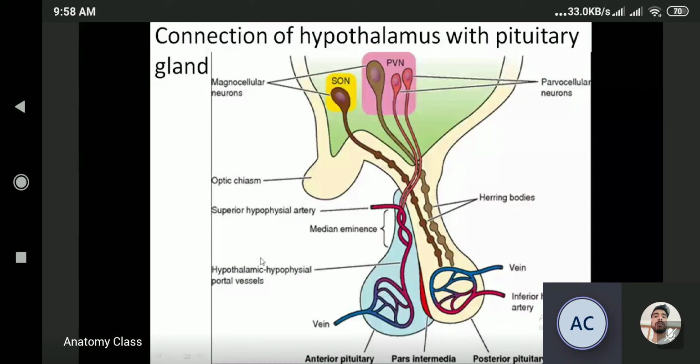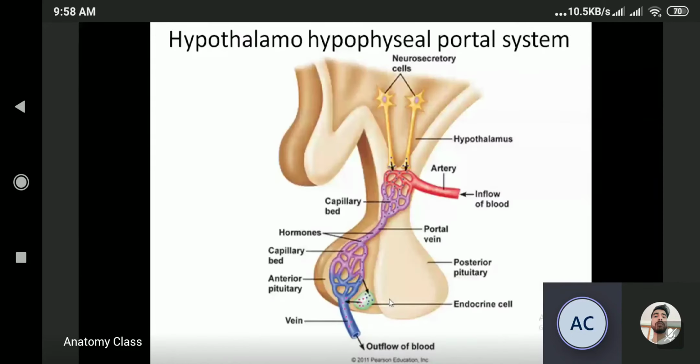To know some detail about the hypothalamo-hypophyseal portal system and tract, this picture explains the hypothalamo-hypophyseal portal system. The neurosecretory cells present within all the nuclei of the medial zone of the hypothalamus release releasing hormones and release-inhibiting hormones, which in turn control all the endocrine organs.